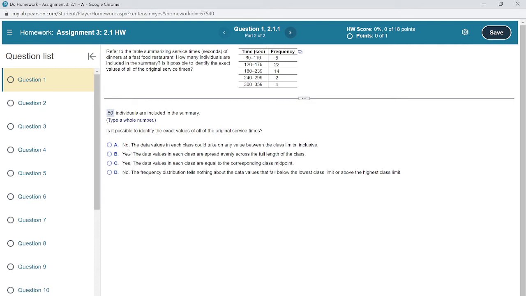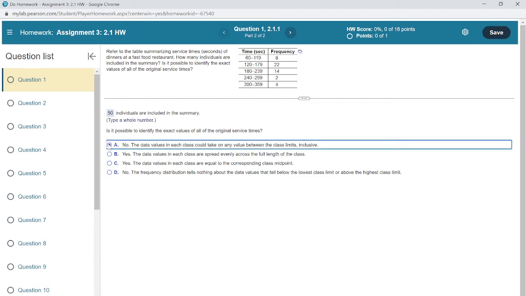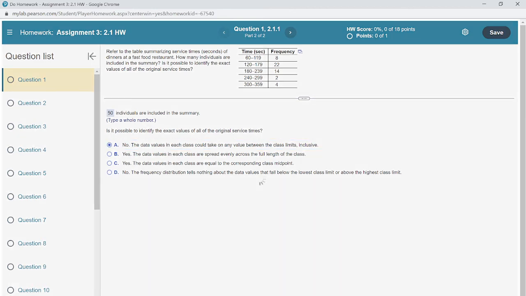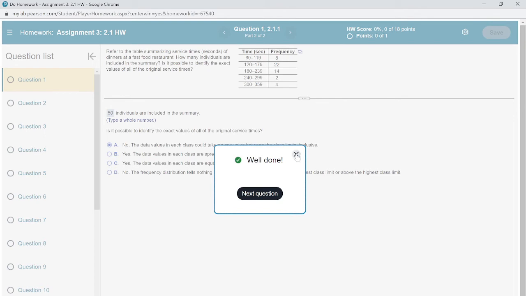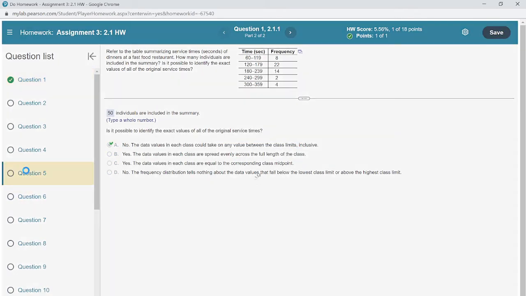So the answer should be no. The data value in each class could take on any value between the class limits inclusive. And another answer is no. The frequency distribution tells nothing about the data values that fall below the lowest class limit or above the highest class limit. So the answer is this one, because we don't know exactly the data value; each class could take on any values between the class limits. So that's our answer.